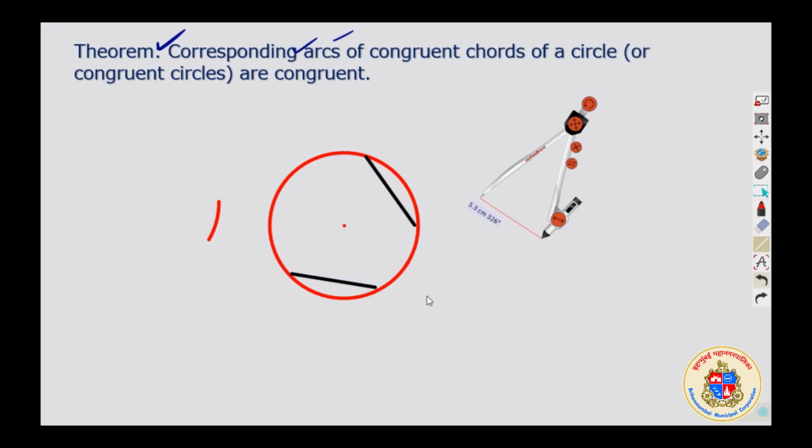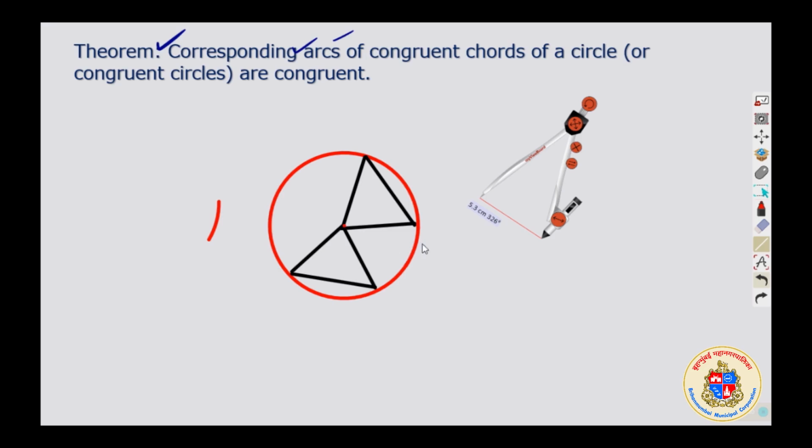Okay? Now, the thing is that if you draw chords and make arc accordingly, first arc is measured by central angle, so I should make central angle from these chords, and the end points of the chords are the end points of the arc also.